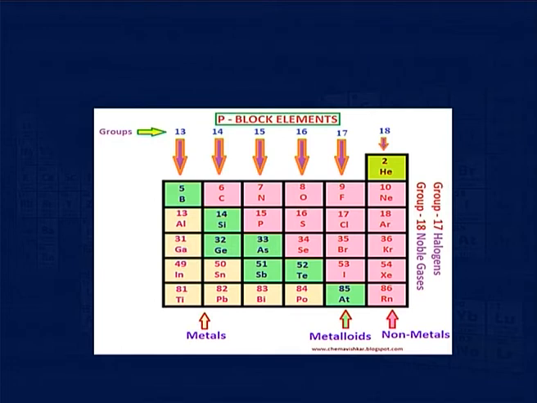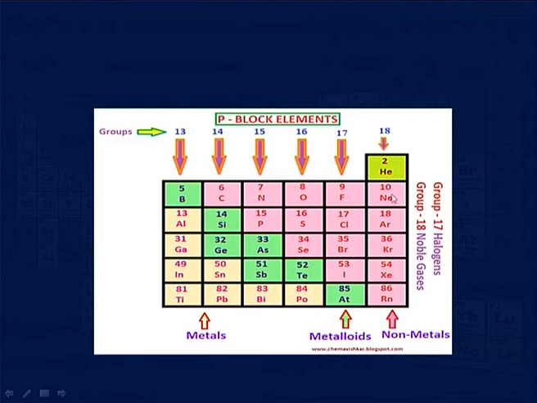This left side is dedicated to the metals, consisting of aluminum, gallium, indium, thallium, tin, lead, bismuth and polonium. The green area represents the metalloids. These have behavior somewhere between the metals and non-metals, starting from boron, silicon, germanium, arsenic, antimony, tellurium, astatine.